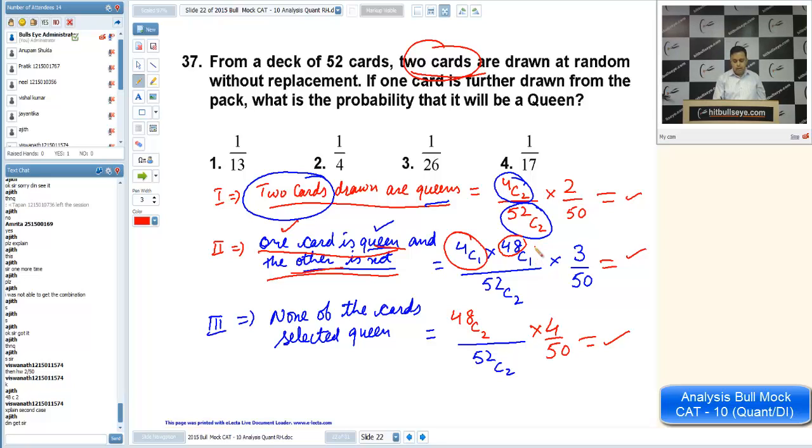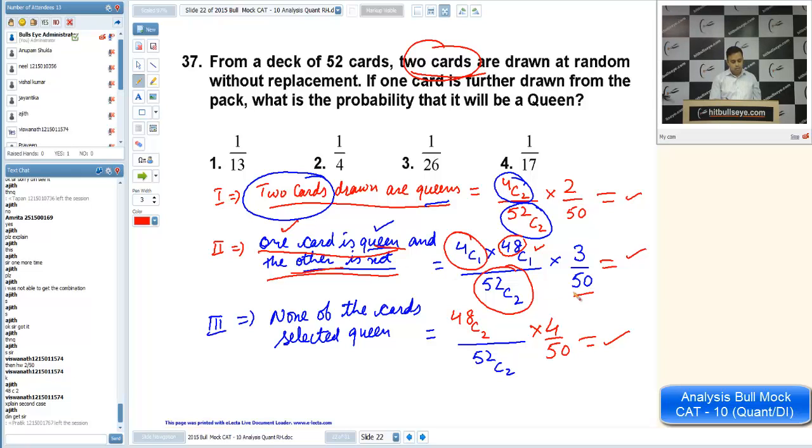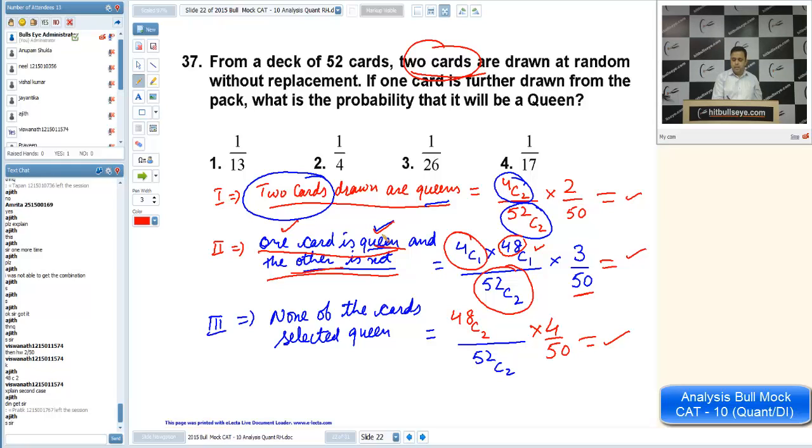So these are our favorable cases, and 52C2 is the total number of cases. Now since we have taken 2 cards, we are left with 50 cards. Okay, Ajit, you got it or not? We are left with 50 cards, and since only one queen has been selected, we are left with 3 queens, so 3 by 50.